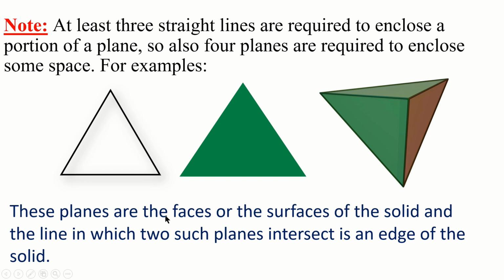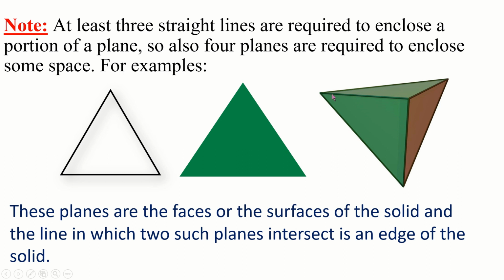these planes are the faces or the surfaces of the solid, and the line in which two such planes intersect is an edge of the solid. That means this is a face or surface, this is another face or surface, they intersect in a line, this.